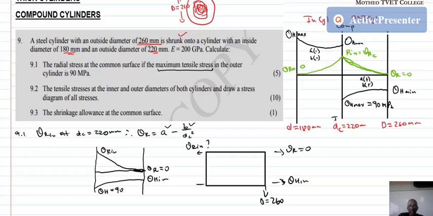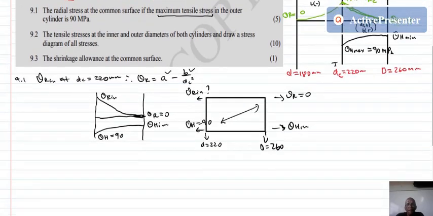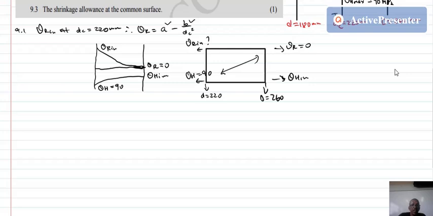And here I have the hoop stress which is 90, clear, at a diameter of 220, because like I said, I'm taking the inner part there. So I'm going to work diagonally there, right?